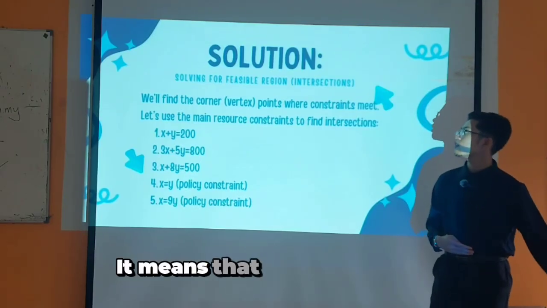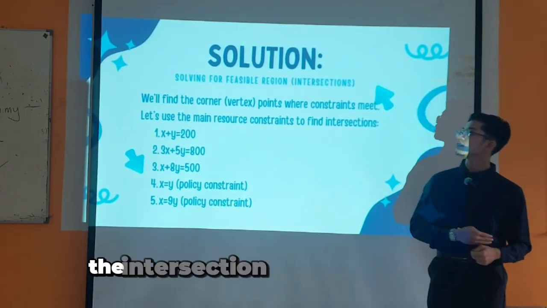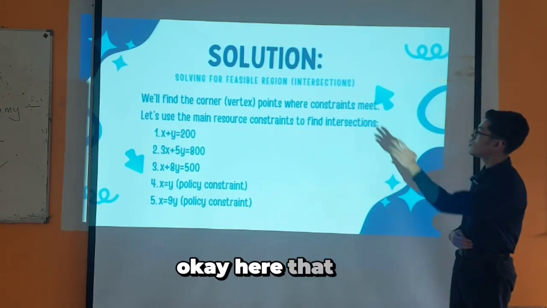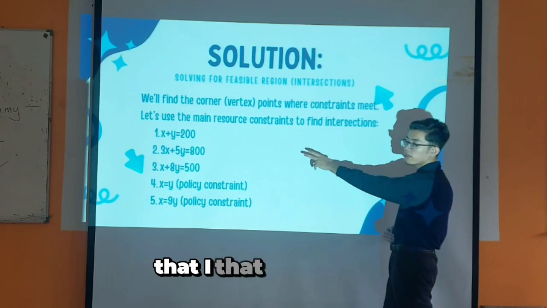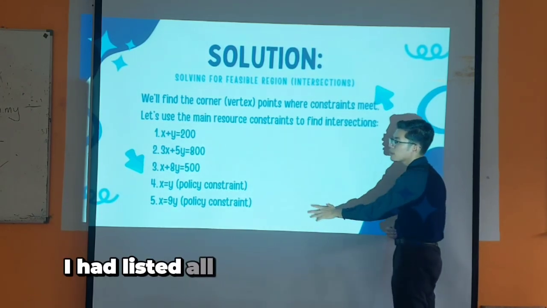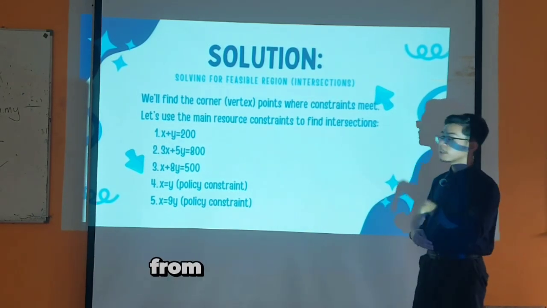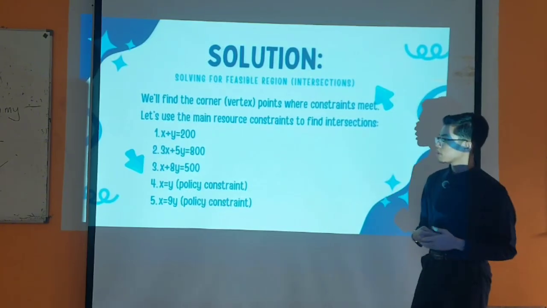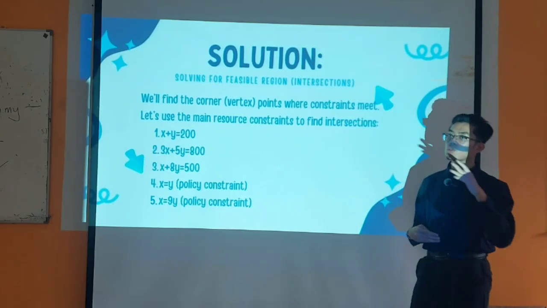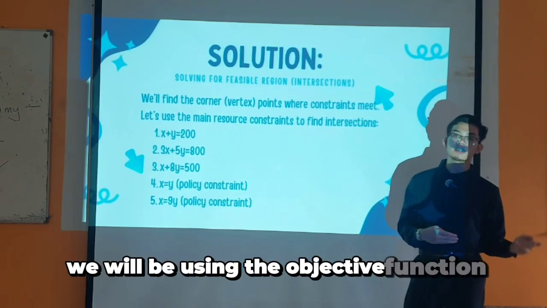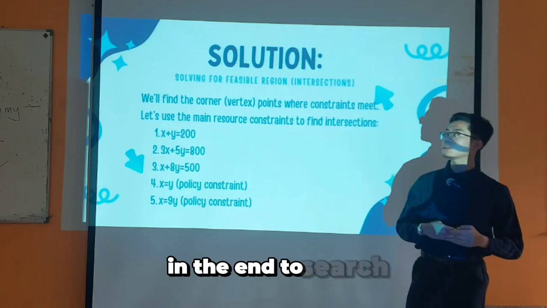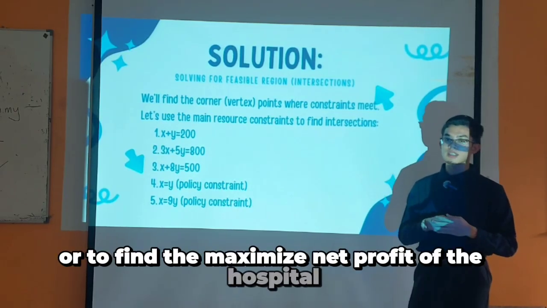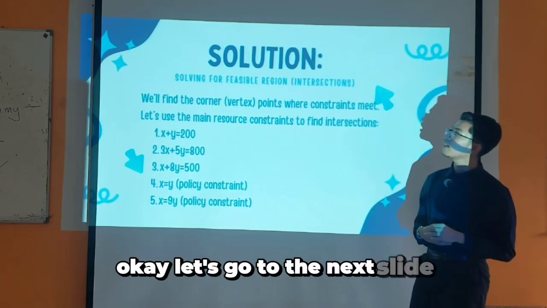It means that we need to find the intersection of all the equations. Here you can see I have listed all the equations that we get from the previous slide, but the objective is not here, because we will be using the objective function in the end to find the maximized net profit of the hospital. Okay, let's go to the next slide.